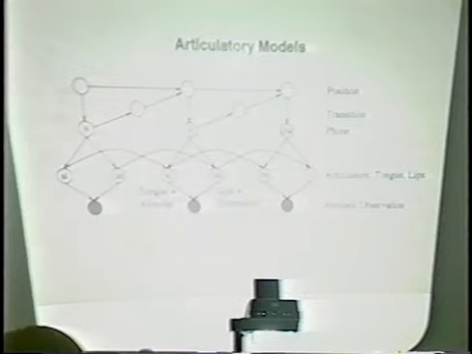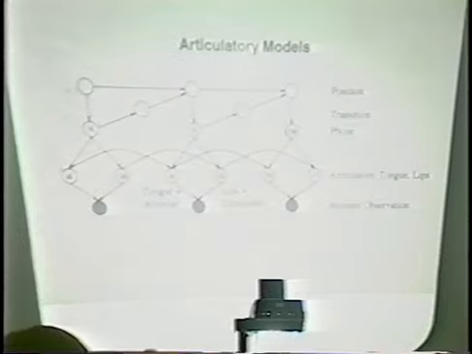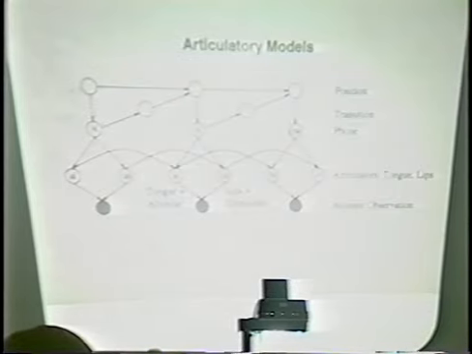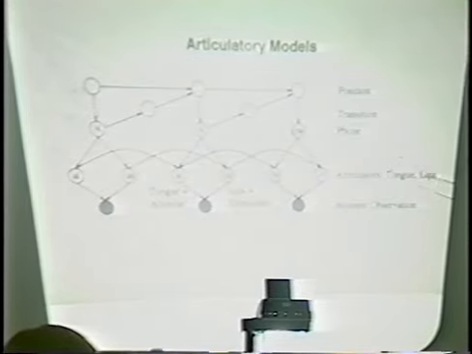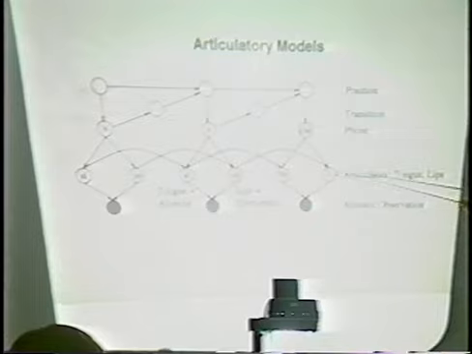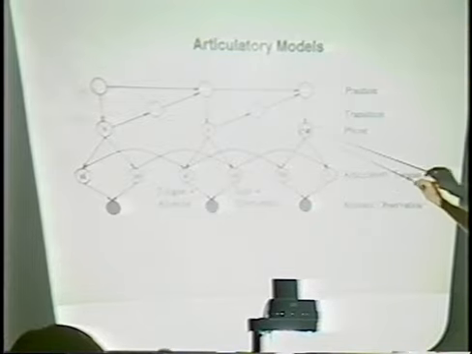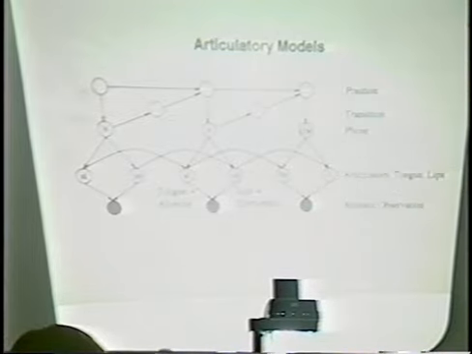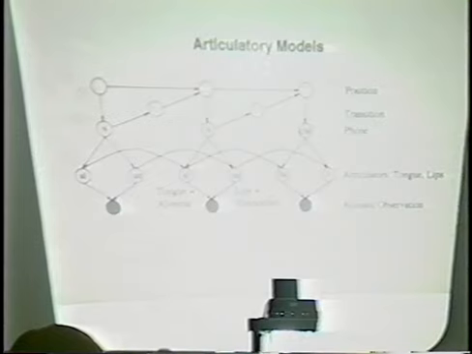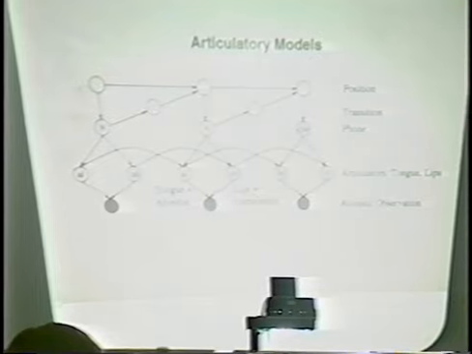So the first one is doing articulatory modeling. This is an articulatory network. And what's going on here is that all of a sudden there's an extra layer of variables that's mediating between the phone and the acoustics. In this particular graph, there are two articulatory variables, a tongue variable and a lip variable. The person is saying the word no.